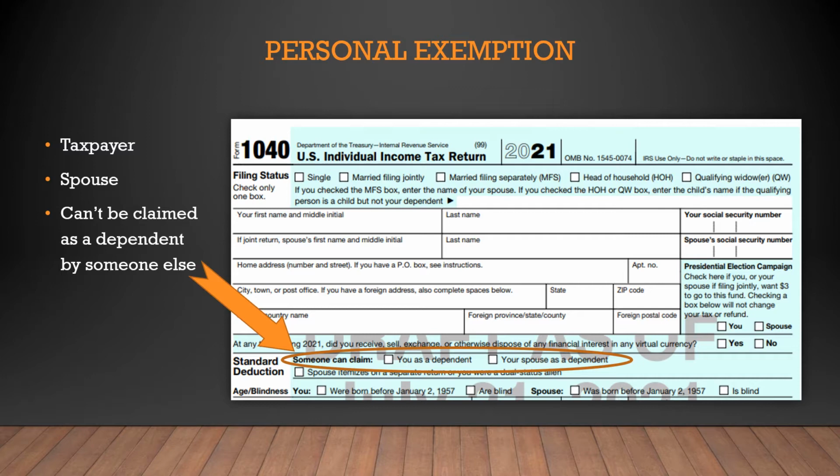This is important because if you remember, a dependent taxpayer has a different filing requirement and standard deduction amount than a non-dependent. And, as we will cover again later, a dependent cannot claim another person as a dependent.